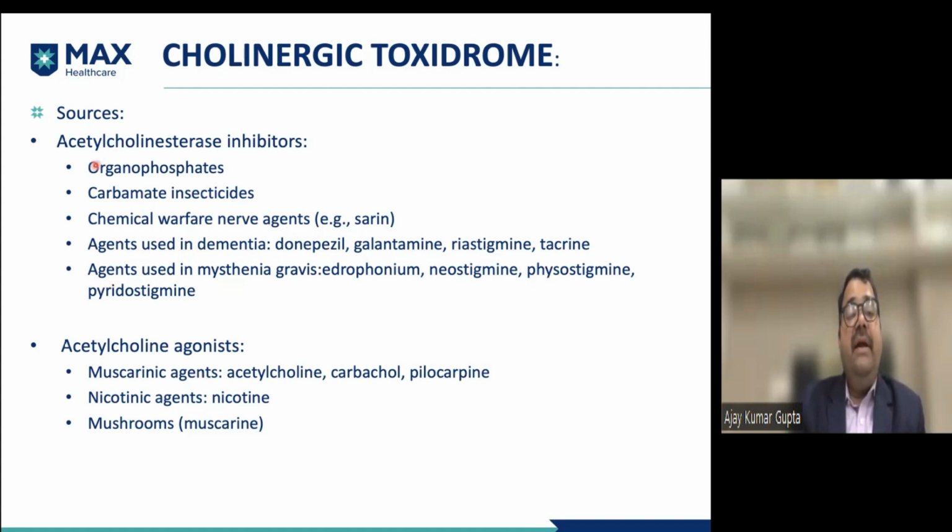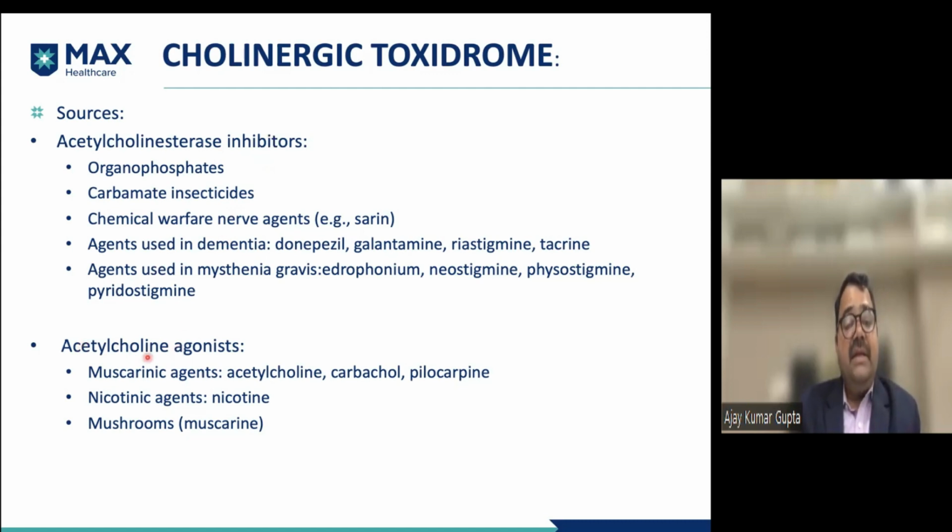Though commonly we find only the carbamate and the organophosphate things. Usually with dementia and myasthenia gravis, if the patient is on regular follow-up from the psychiatrist or the neurologist, usually we don't find a cholinergic toxidrome till the patient has purposely taken an overdose.